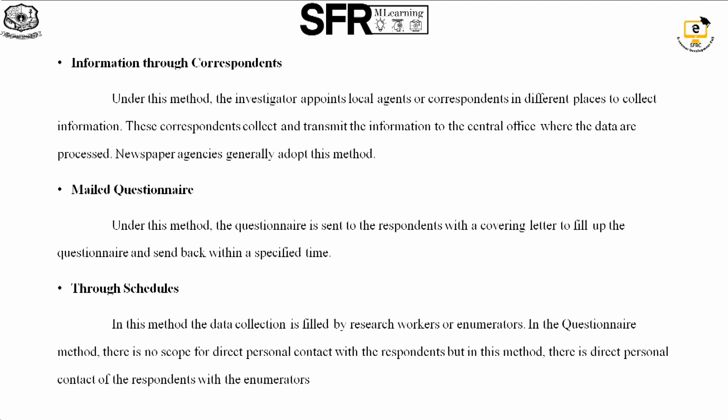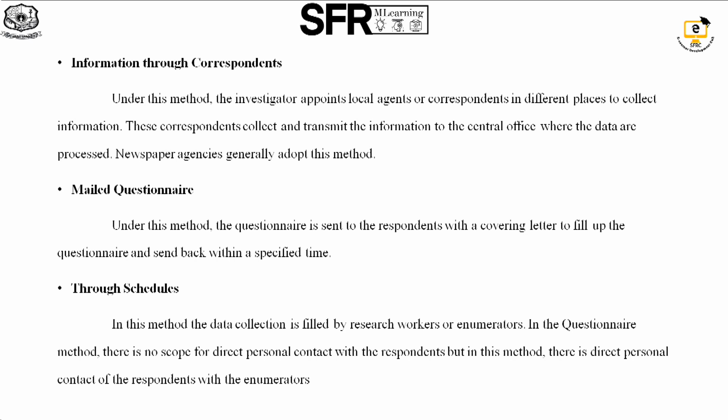Next one is information through correspondence. Under this method, the investigator appoints local agents or correspondents in different places to collect information. These correspondents collect and transmit the information to the central office where the data are processed. Newspaper agencies generally adopt this method.